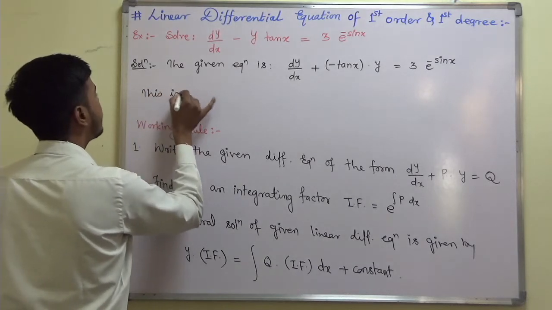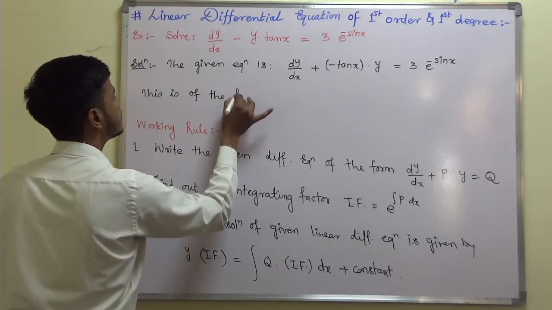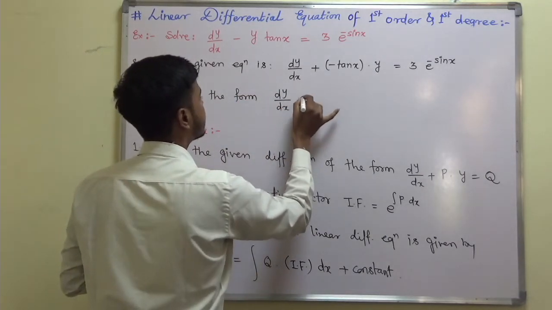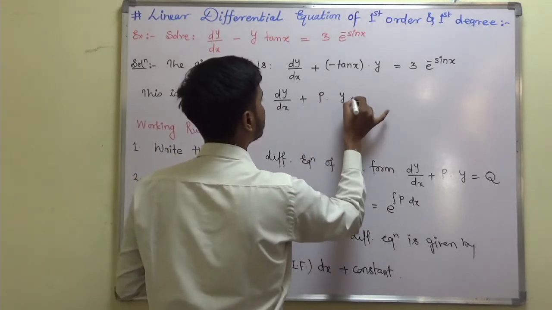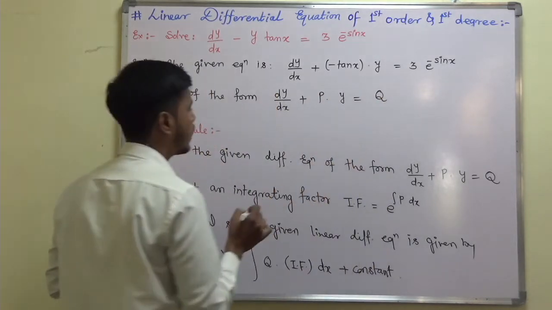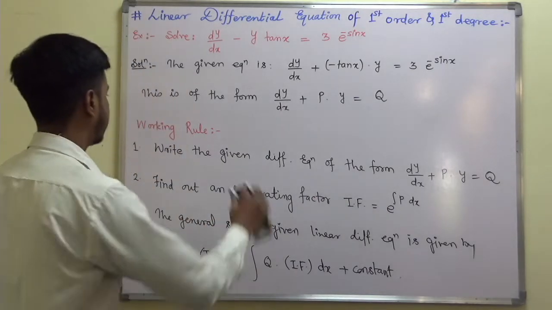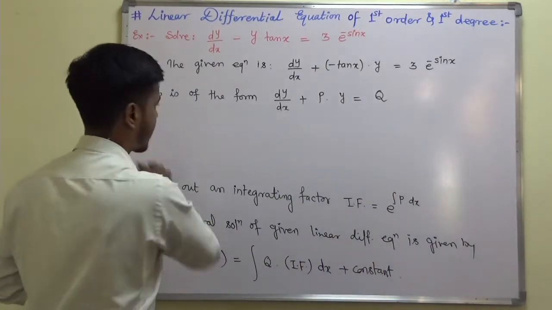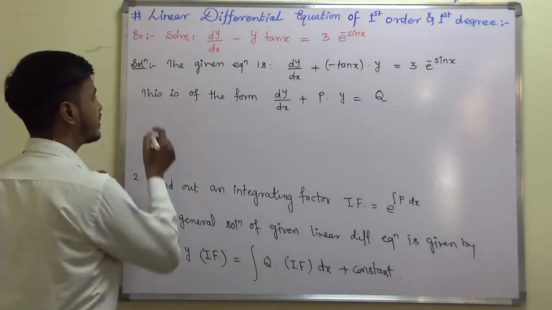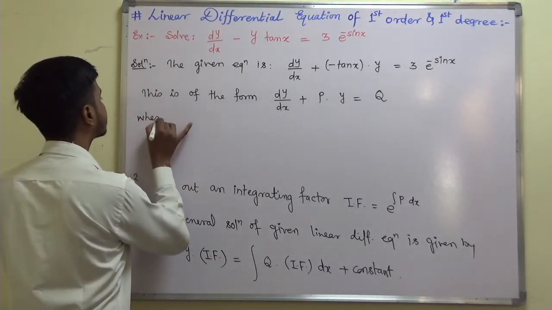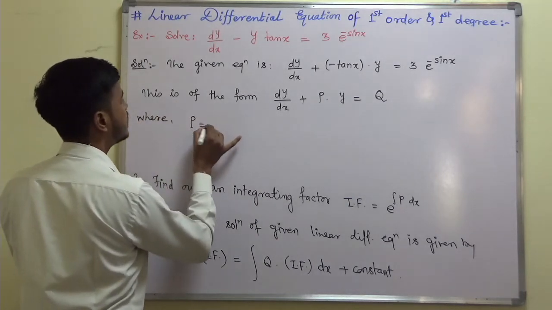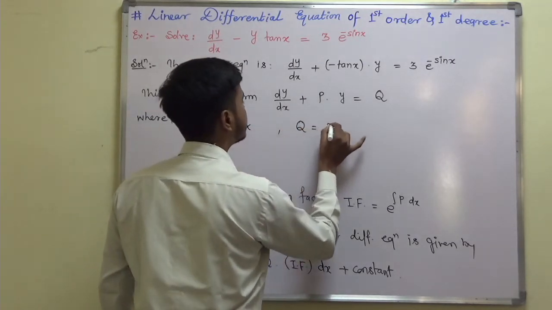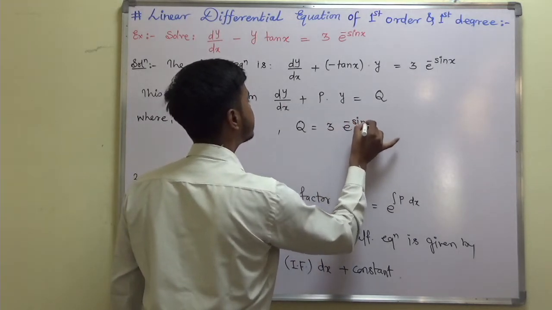So this is of the form dy by dx plus p into y is equal to q, where p is equal to minus tan x, q is equal to 3 into e to the power minus sine x.